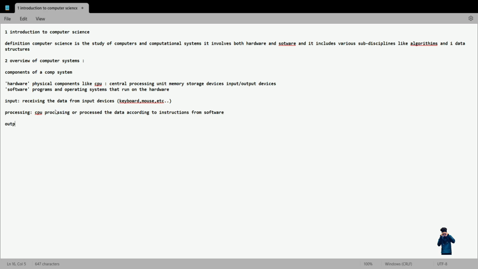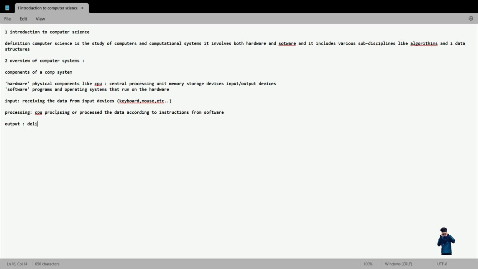After completing those two items in this field, we come to output. What do you mean by output? Whenever we give input, by way of processing, we get output, as you know.